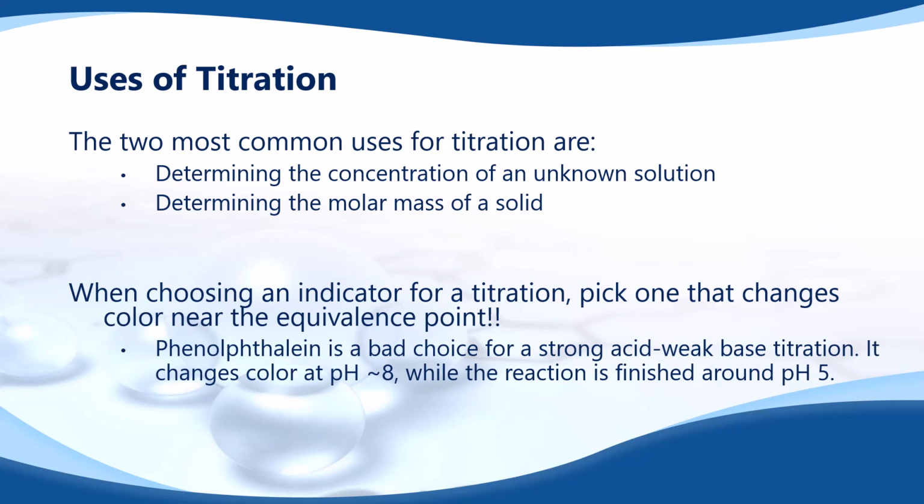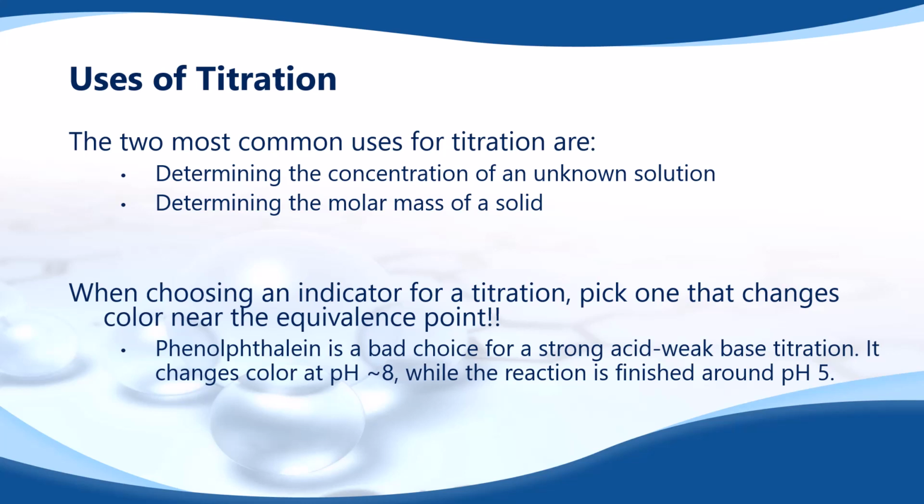So if we have a strong acid combined with a weak base, that's going to be an acidic salt, somewhere below 7. Phenolphthalein, which is the most common indicator we use, is colorless in acidic solutions, but changes color to pink at around a pH of 8, so it is a really, really bad choice. Because the reaction's finished at 5, and then we have to keep adding more base after that to get the phenolphthalein to change.